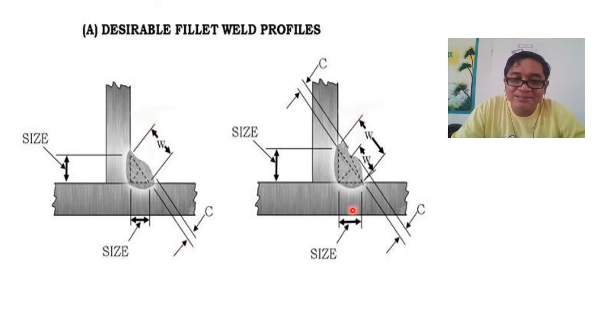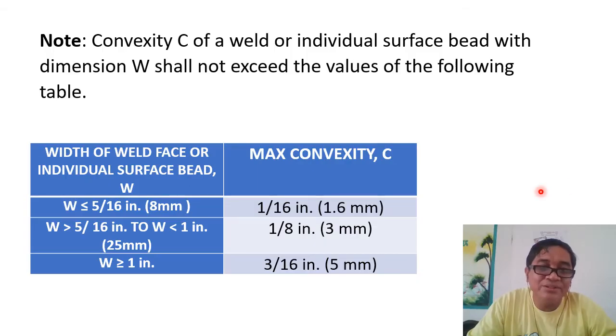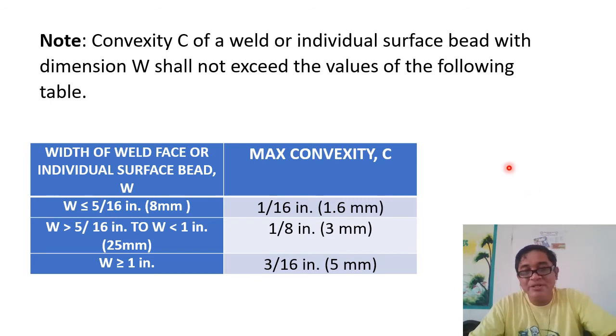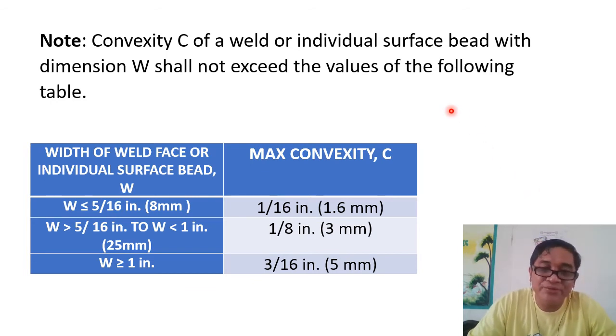And this size, there is a little bit undercut on the convex, but still it's within the boundary of this right angle.